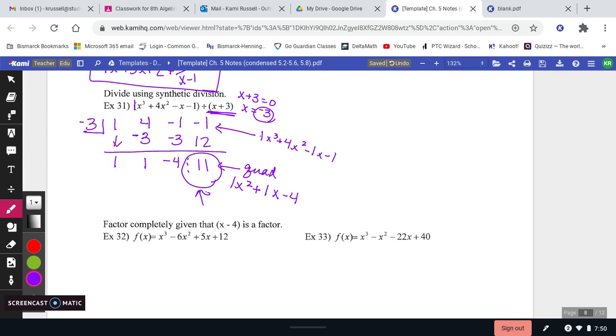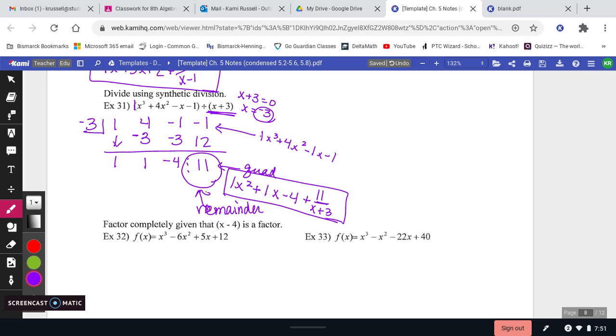And right here, this 11 is your remainder. Okay, that 11 is your remainder. So we're going to say plus 11 over x plus 3. Okay, so that is your solution.